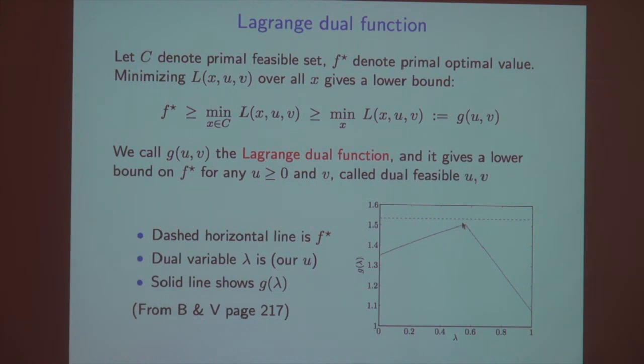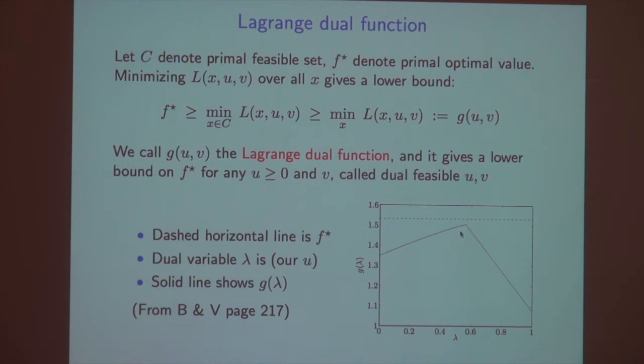So I guess this must not be the same example, because we only have one dual variable, whereas before we would have two. So here's just an example where we have one dual variable. We're calling it lambda, but you can think of it as our u. The primal optimal value is f star, and I'm plotting here the dual function as a function of the dual variable.